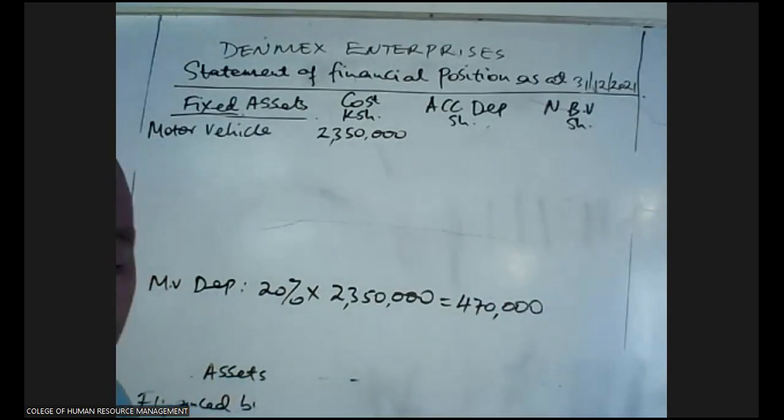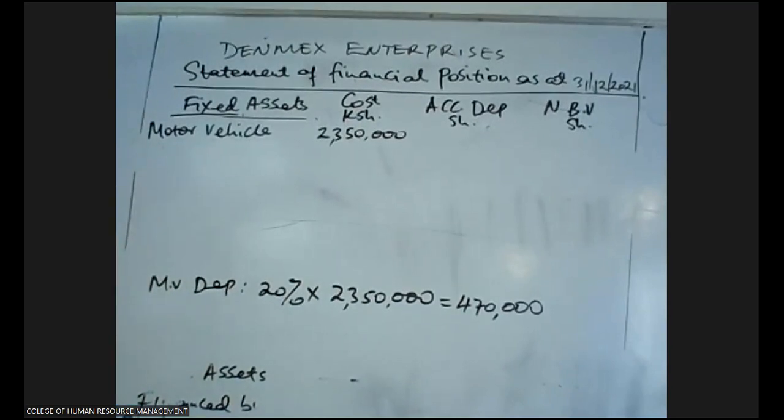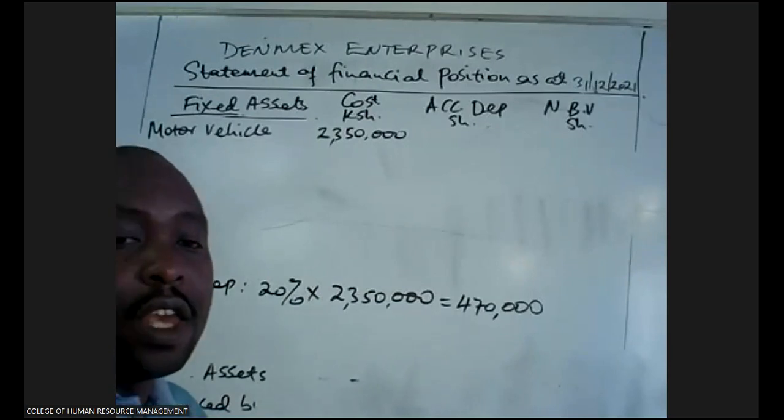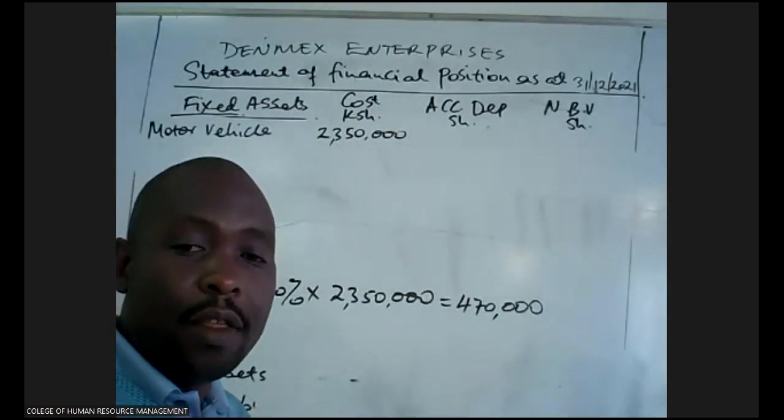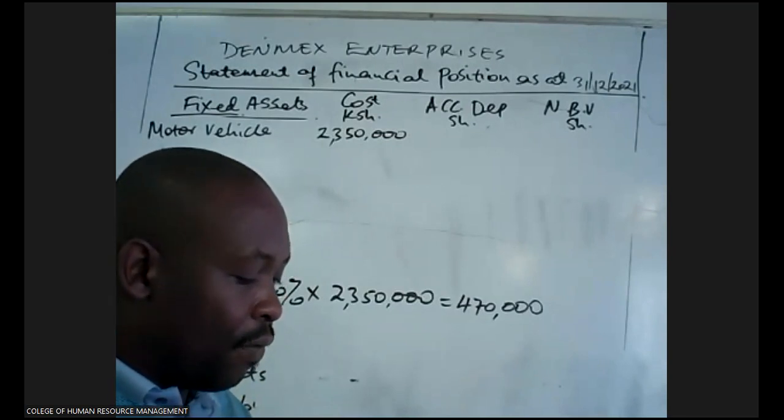If you go through the question, there's somewhere that is written there: provision for accumulated depreciation on a motor vehicle is 940,000. And remember there, it is written in bracket 1st January 2021. That simply tells you that by the start of the year, already the depreciation for this motor vehicle was 940,000.